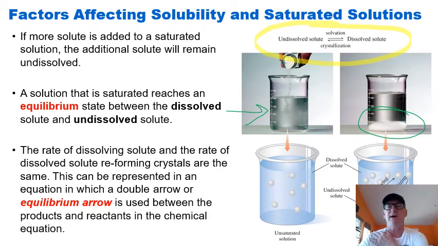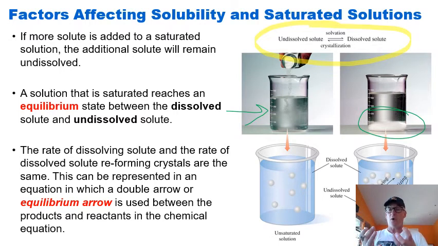Well, what we would call that is an equilibrium. We haven't really talked much about equilibrium, but equilibrium is basically a reversible reaction. It can go in one direction, it can also go in the other direction. And when reactions are going in opposite directions, basically when you get to the point where it can't go in one direction any longer, like dissolving salt in water, it will keep going in the dissolution or solvation direction for as long as there is water to interact with salt.